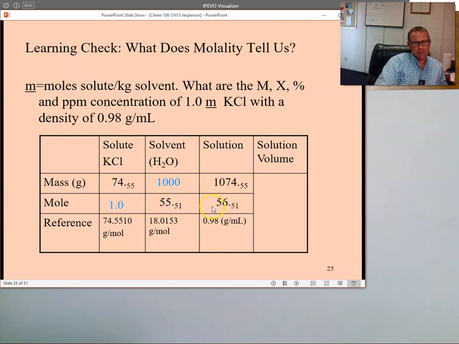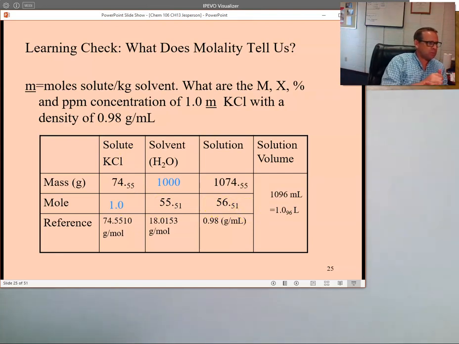That's right. It's just the sum of these two different moles. That's how I get my moles total. And then my mole fraction I get by taking the 1 over the total for my KCl.